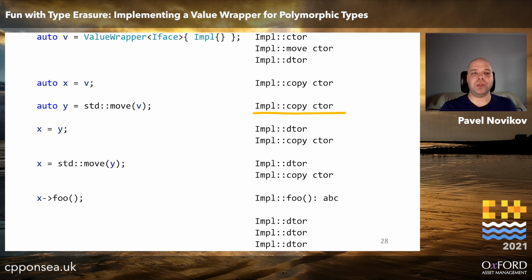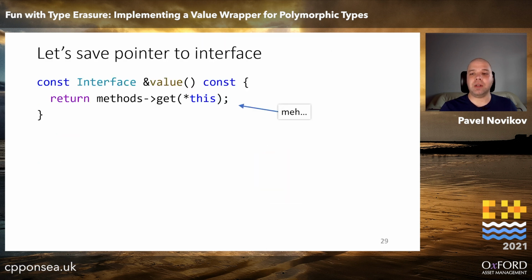It shows because when we try to move, it uses the copy constructor instead of the move constructor. And when we try to move assign, it also uses the copy constructor instead of some other means. We will get to that a bit later. We're kind of good.